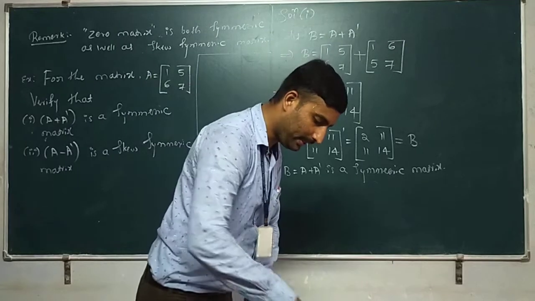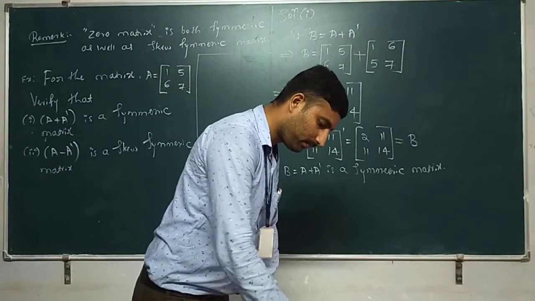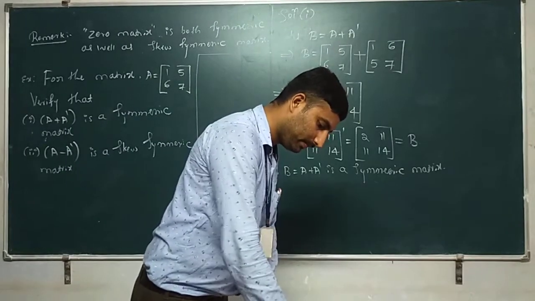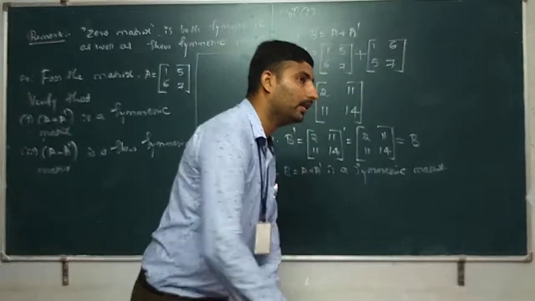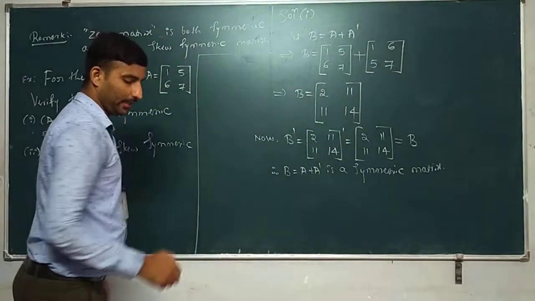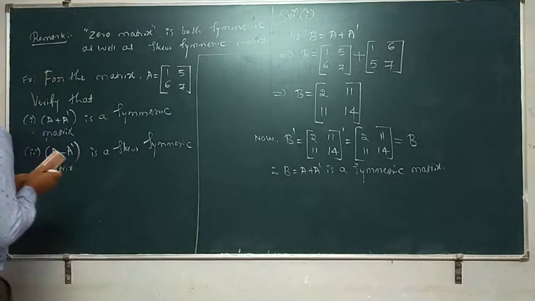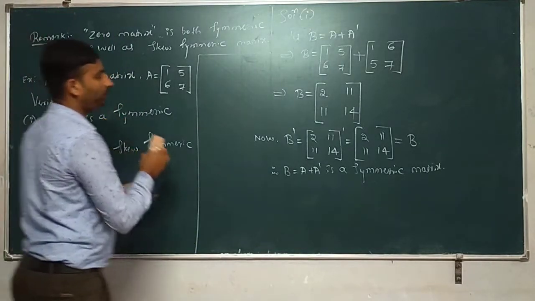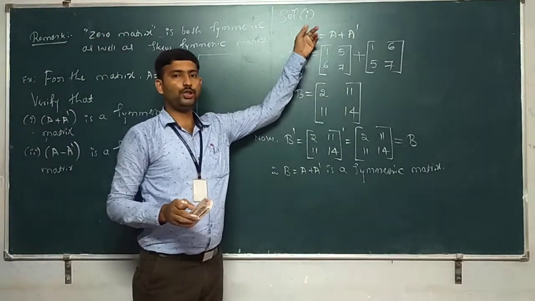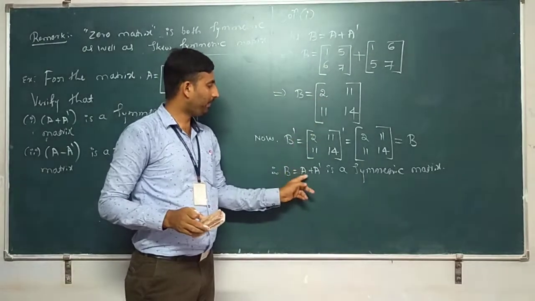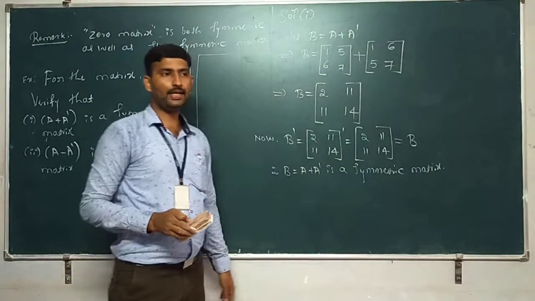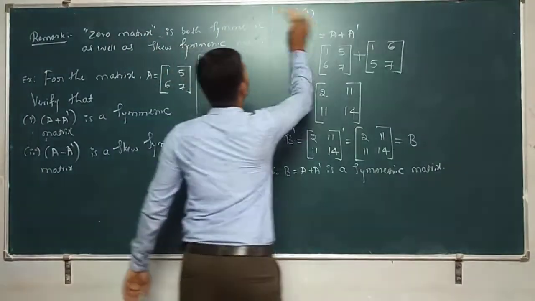Correct? Next, the second one. We have done the solution for the first category, that is B is equal to A plus A dash is a symmetric matrix.